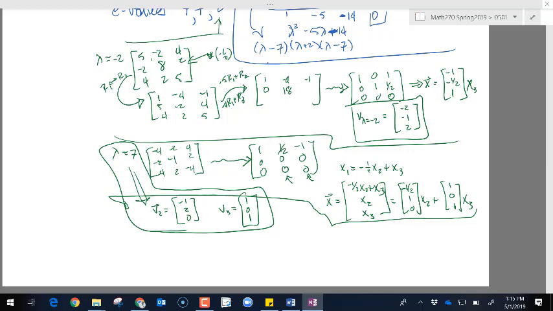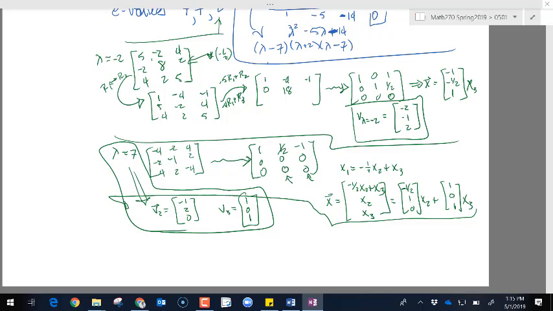So how do you do the diagonalization again? Put them into the matrix.